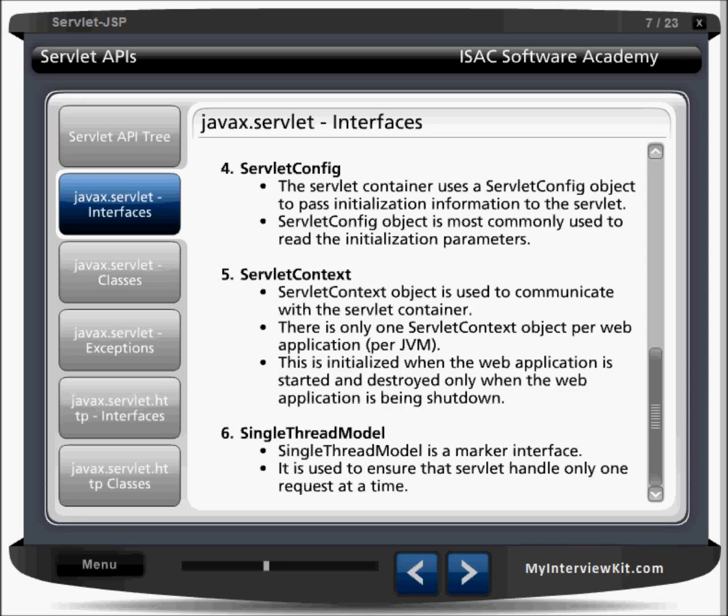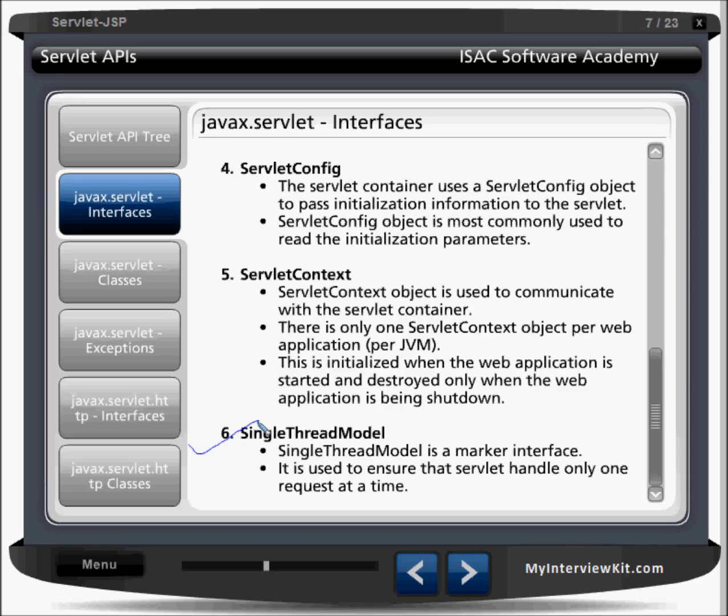What is the SingleThreadModel? By default, your servlet is multi-threaded, right? If you want to make it single threaded, implement this interface. Just write the class name, extends HttpServlet, and then implements SingleThreadModel.